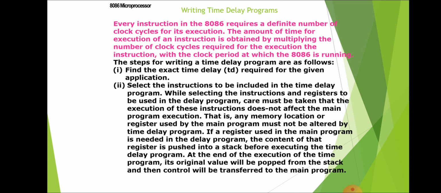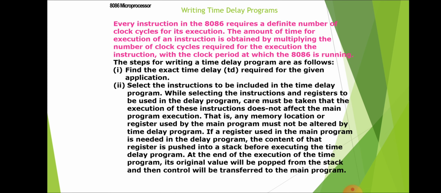With the clock period at which the 8086 is running, the steps for writing the time delay program are as follows. Step 1: find the exact time delay, that is TD, required for the given application. Step 2: select the instructions to be included in the time delay program.